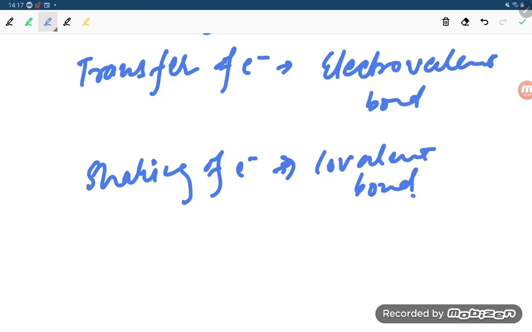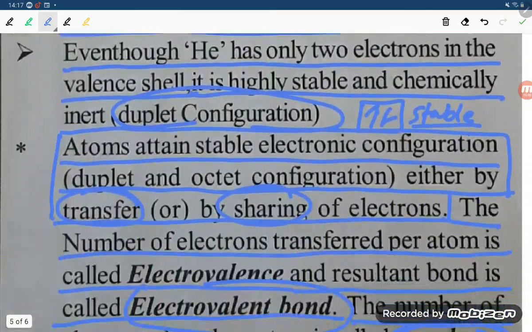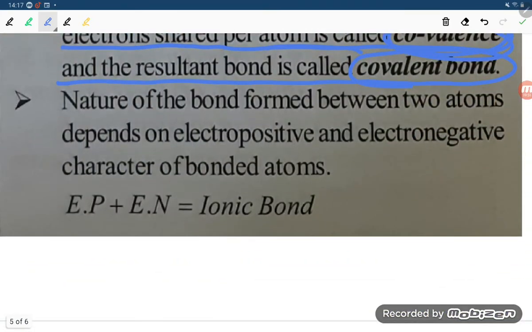Next point: the nature of the bond formed between two atoms depends on the electropositive and electronegative character of the bonded atoms. If an electropositive atom and an electronegative atom combine, an ionic bond will form.